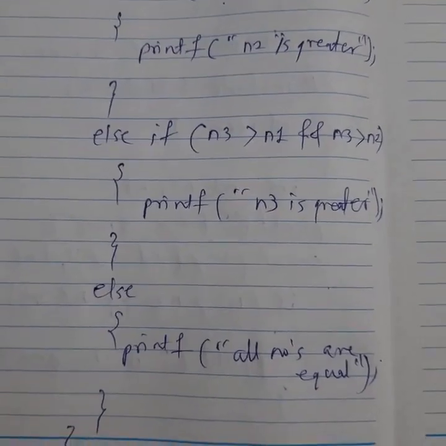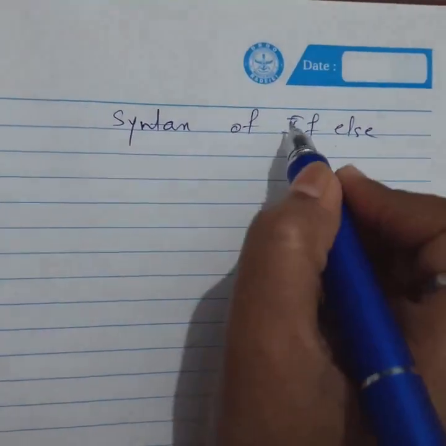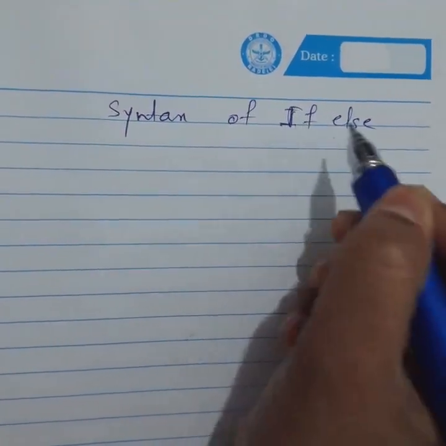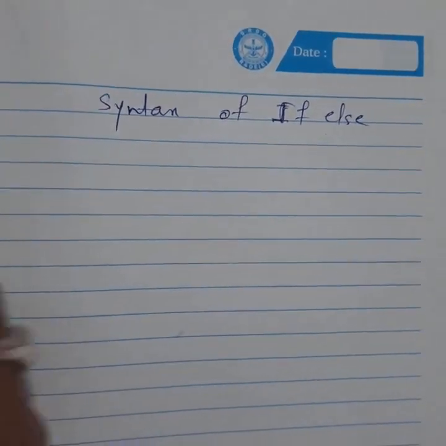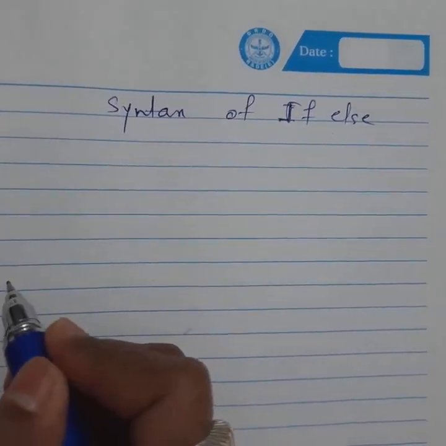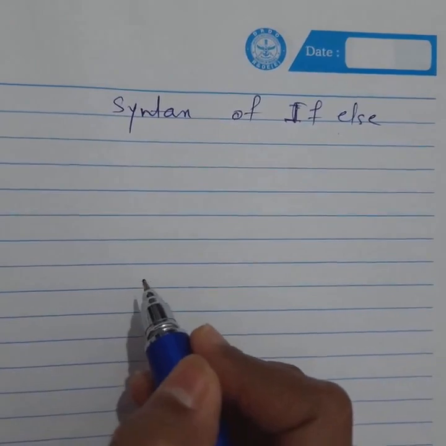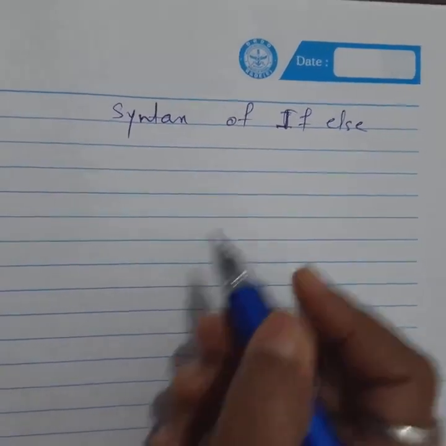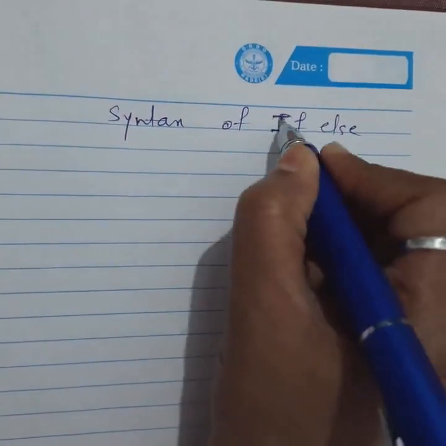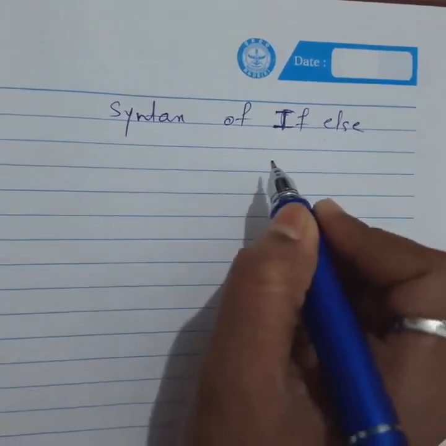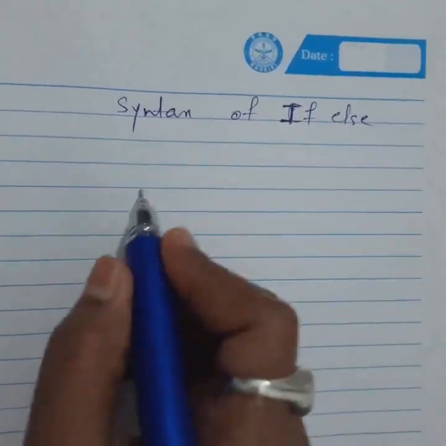I have to make this video before explaining the program greatest of 3 numbers and finding whether a number is even or odd. I forgot that. Now I am explaining the syntax of if else.